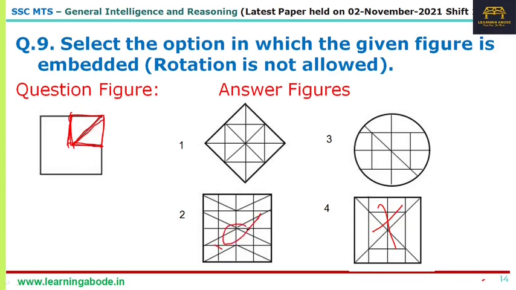Now that is not happening in the second one, so that is ruled out. Now in the third option, rotation is not allowed, so this slant line, which is in other words a diagonal, is not there. So it is there only in the first one. You have a rectangle and a diagonal kind of a line like this. So answer option 1.